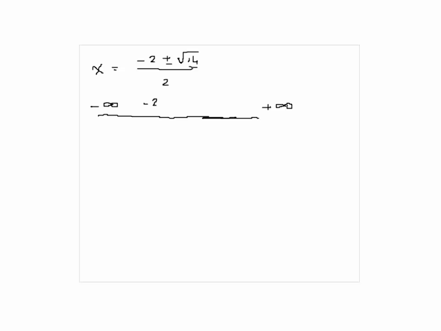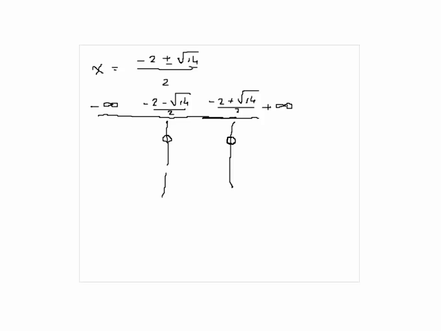The lesser number is negative 2 minus the square root of 14, over 2, and the second one is negative 2 plus the square root of 14, over 2. For these two numbers, the value of 2x squared plus 4x minus 5 is 0, because they are the roots of that quadratic equation. Between these two roots and outside of them, the sign is different.